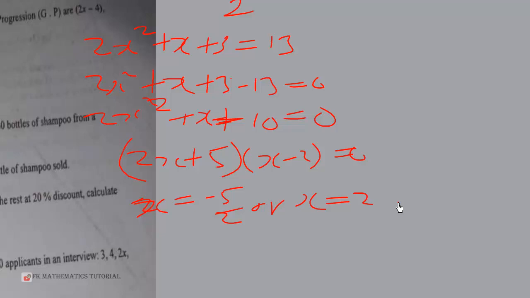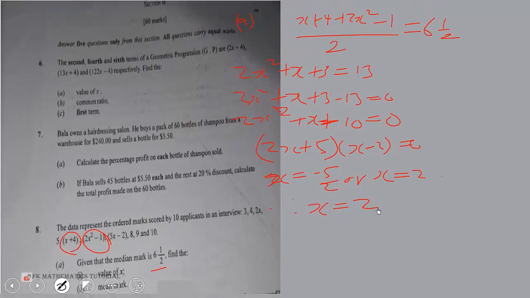But we're told that this represents the ordered marks. No one can score a negative mark. So therefore we discard x equal to negative 5 over 2. Therefore x is equal to 2. Now when x equals 2, we have to calculate the mean mark. So for the mean mark, we need to substitute x equal to 2 into these values.